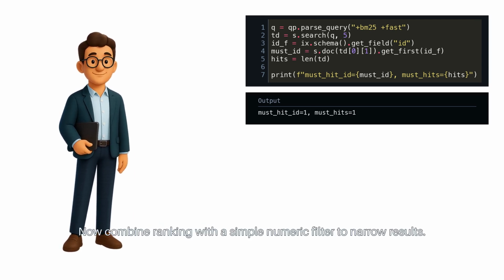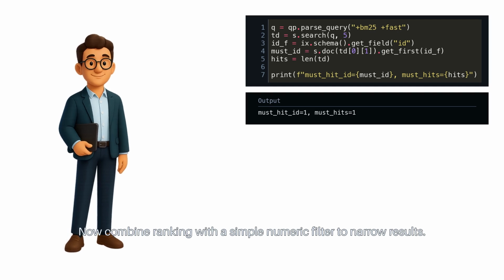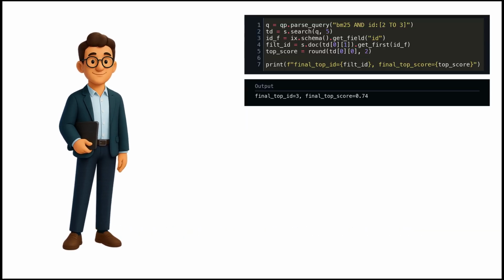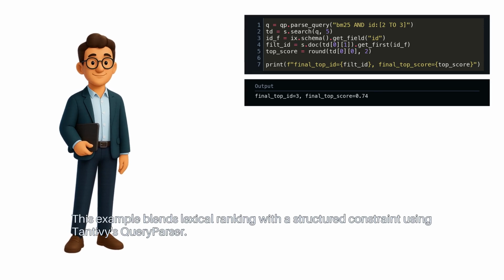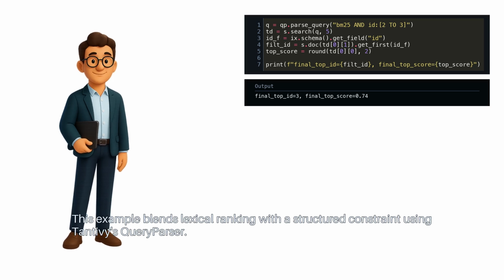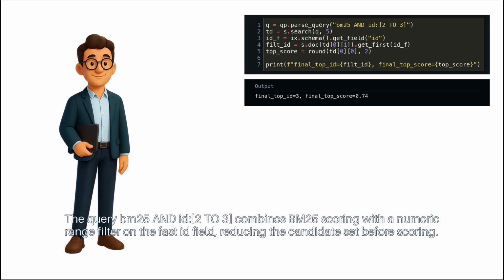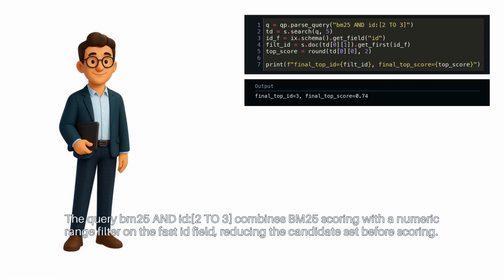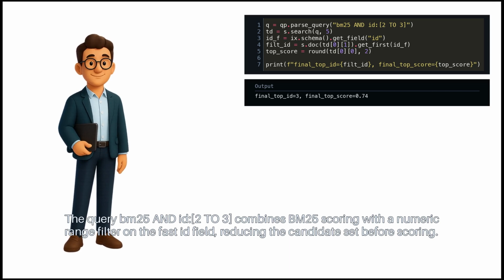Now combine ranking with a simple numeric filter to narrow results. This example blends lexical ranking with a structured constraint using Tantivy's QueryParser. The query BM25 and ID 2 to 3 combines BM25 scoring with a numeric range filter on the fast ID field, reducing the candidate set before scoring.